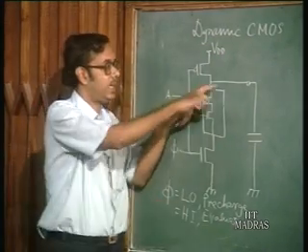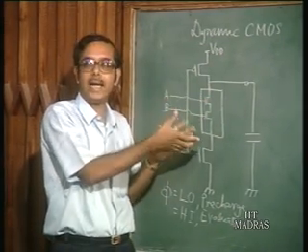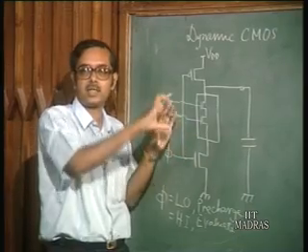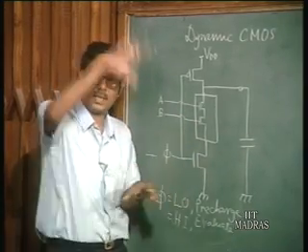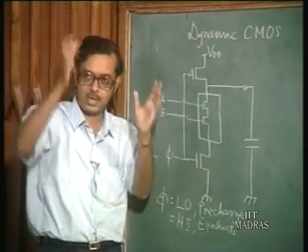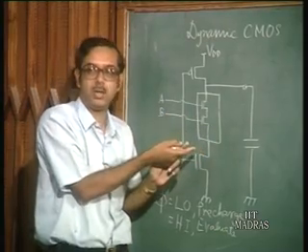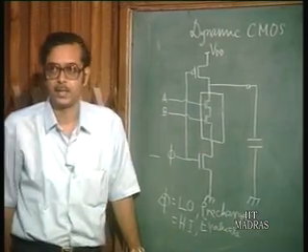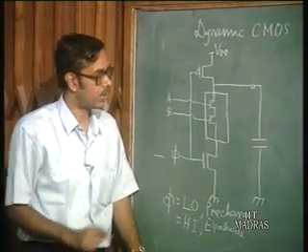Basically, in a CMOS you have the lower n block and the upper p block of transistors. So here you have just the n block of the CMOS.